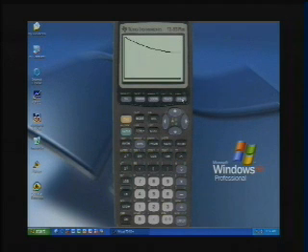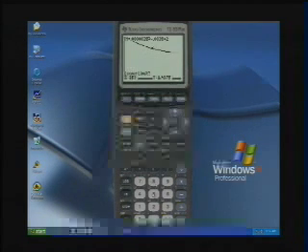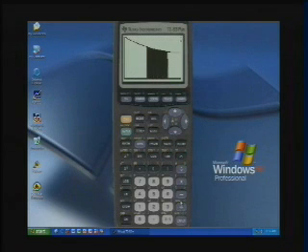We were integrating from 200 to 400. I'm going to go to second calculate, select number 7, put in for my lower limit 200, put in the upper limit 400, and notice that the calculator shades this area under the curve from 200 to 400 and gives me an answer of 276 as the area of this region.